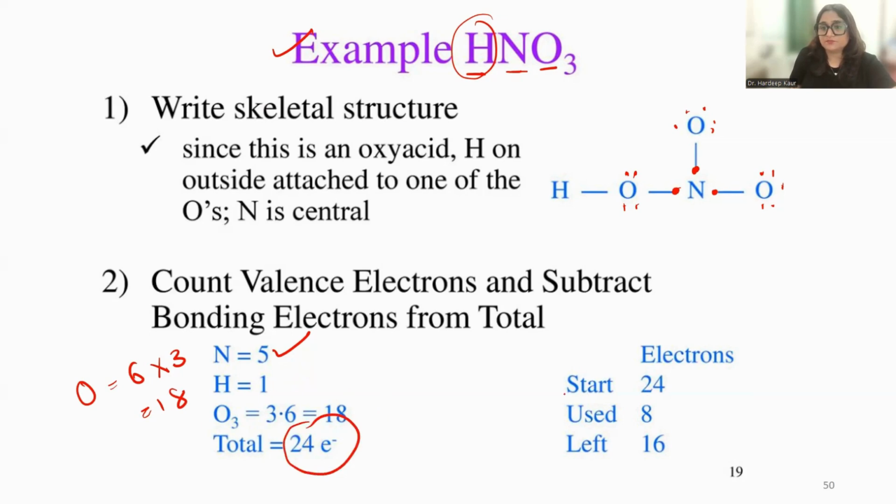Now, how many are getting used? Start with the 24, left with 20. 1, 2, 3, 4, 5, 6, 7, 8. 8 electrons are being used. How many are left? The electrons left are 16.